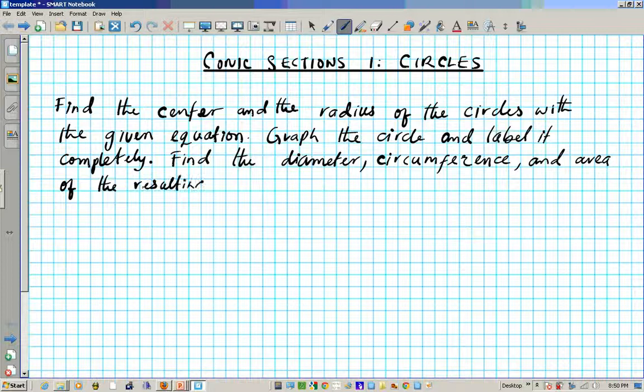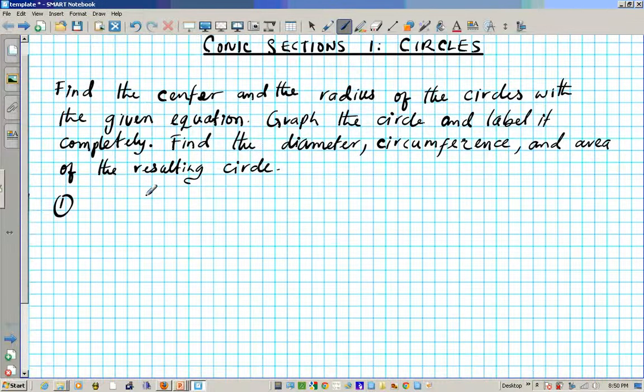Let's take a look at example number 1. We have the circle in standard form with equation x squared plus (y + 3) squared equals 25.